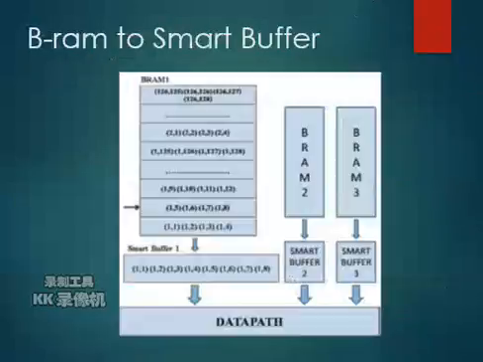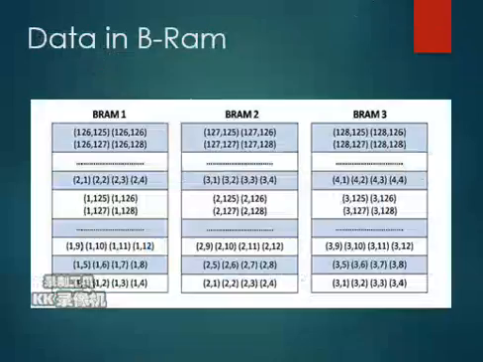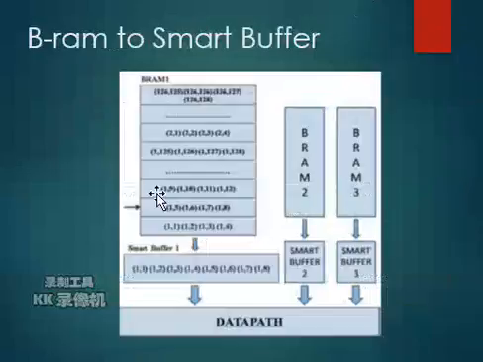And here's how we transfer data from BRAM to the smart buffer. The BRAM data width is 32 bits per BRAM, and the data path requires 64 bits instead, so we have to deal with that using the smart buffer.